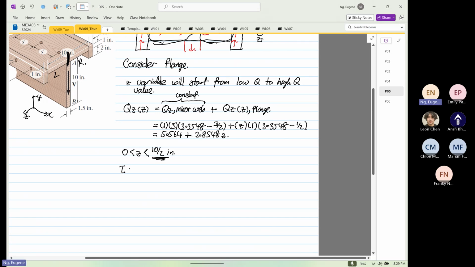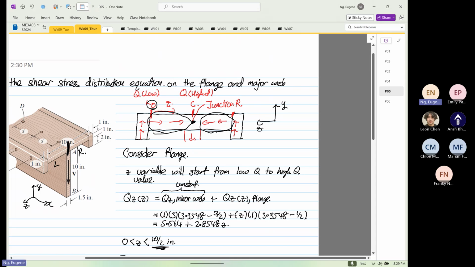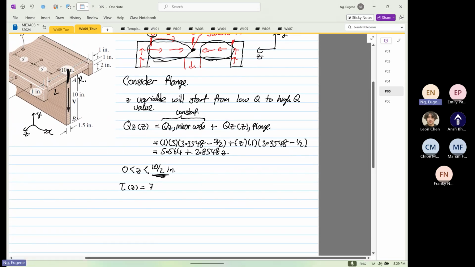So from here, you know that the shear stress as a function of Z is equal to V. So we know that V is equal to 700 divided by I. Our I is 337.43. The thickness, right?